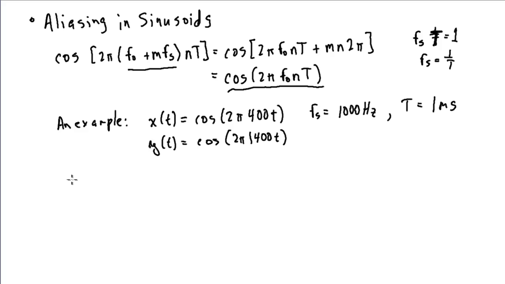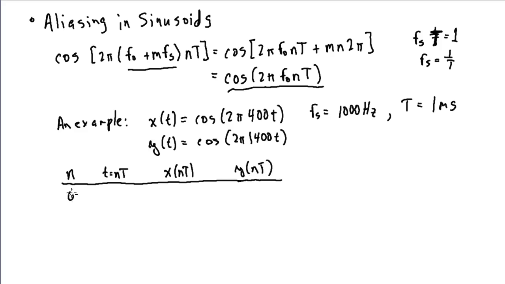I'll make a table for different values of n, and then my sample instances are nT, and then we can evaluate sample values of x, and also y. So n is 0, 1, 2, 3, 4, and the sample instances would be 0 milliseconds, 1 millisecond, 2 milliseconds, 3 milliseconds, and 4 milliseconds.